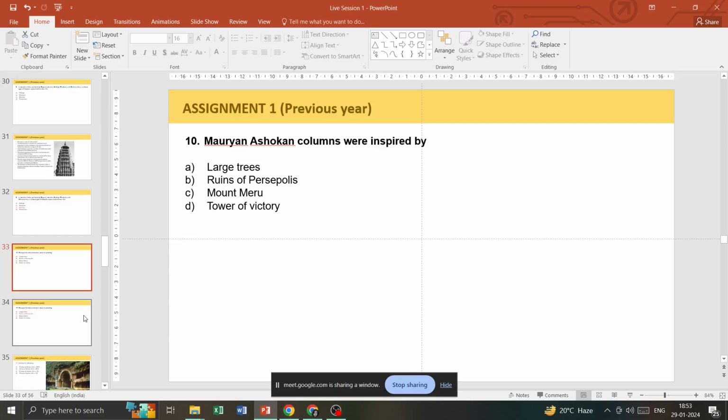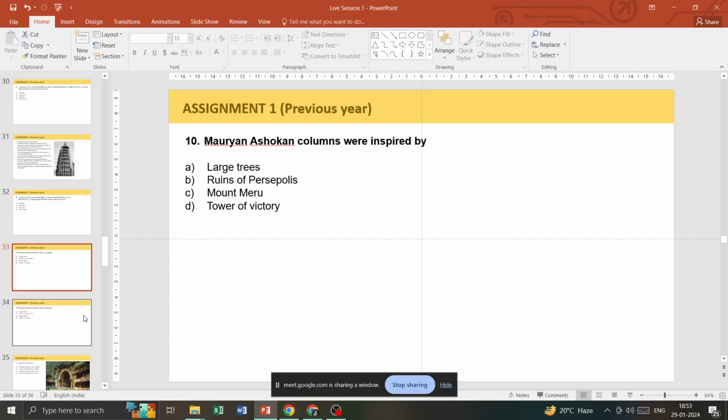The Ashoka pillar, especially the pillars that Ashoka built in a lot of places as a symbol of victory, were heavily inspired from the ruins of Persepolis. If you go through the lectures of Professor Suhani, you can see the images in that. I had added that image, and somehow I'm missing the slide.